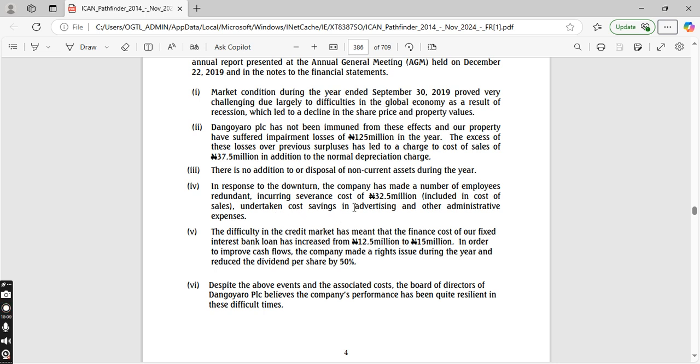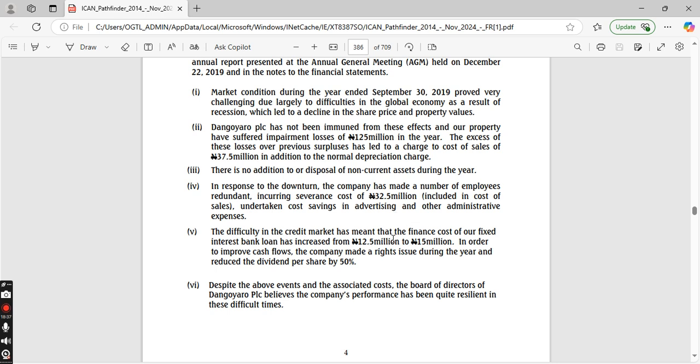Undertaking cost savings in advertising and other admin expenses. There is no figure that has been added to the admin expenses. Okay, right? So that figure was not added. And moreover, this 32.5 million is a cash item. You paid a severance cost. It's a payment. All right, so that's it.